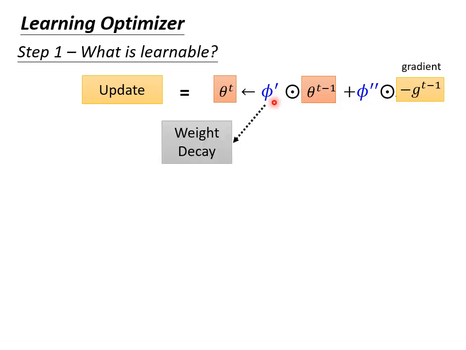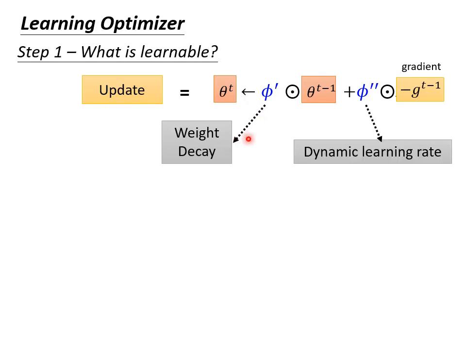And this phi prime can be considered as weight decay. As you know, in deep learning, when we apply L1, L2 regularization, each time you update your parameter, actually you make the parameter smaller and smaller. This is why L2 regularization is called weight decay. This phi prime plays the role of weight decay.